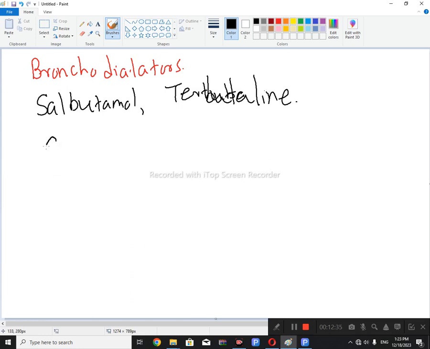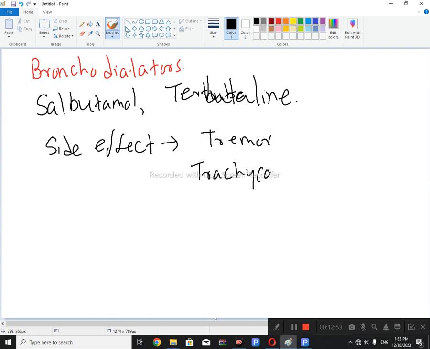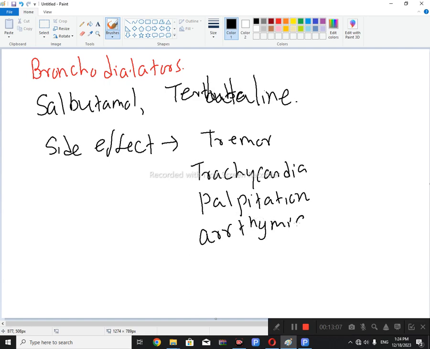Side effects: tremor, tachycardia, palpitation, arrhythmia, hypokalemia.